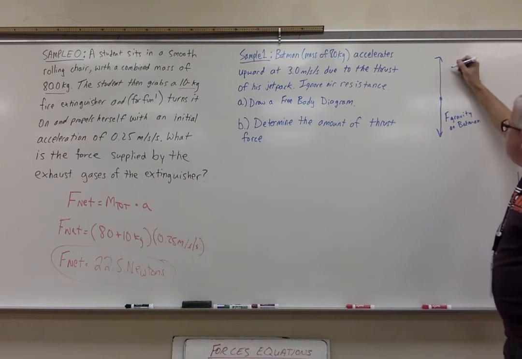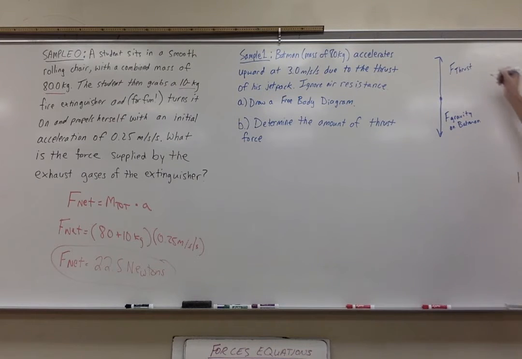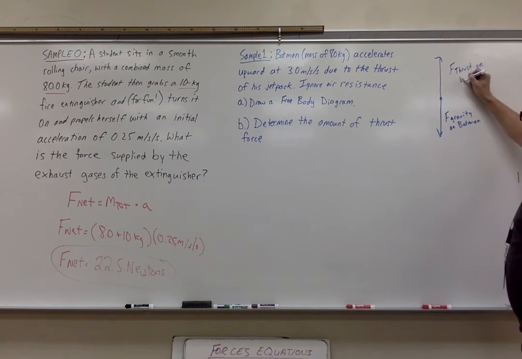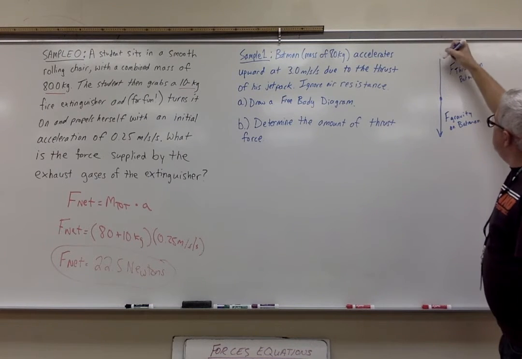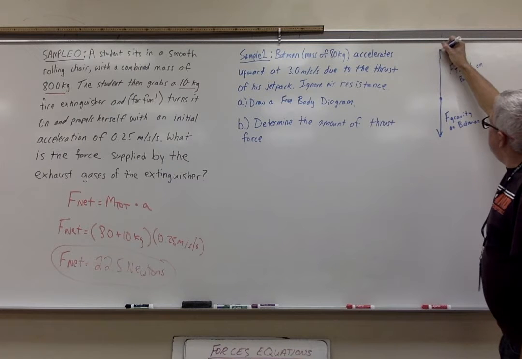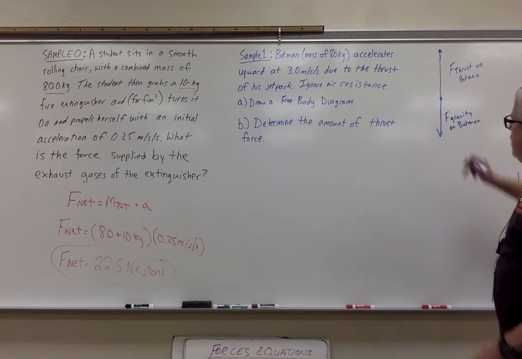And you could call that thrust, or force of the jetpack, force of the thrust of the jetpack, things like that. And because it said we were going to ignore air resistance, we're going to ignore air resistance here. So this should be a bit longer than this. I'm not sure if that's really clear in the video, so I'll make it even a little bit longer. So it's definitely longer than that one.